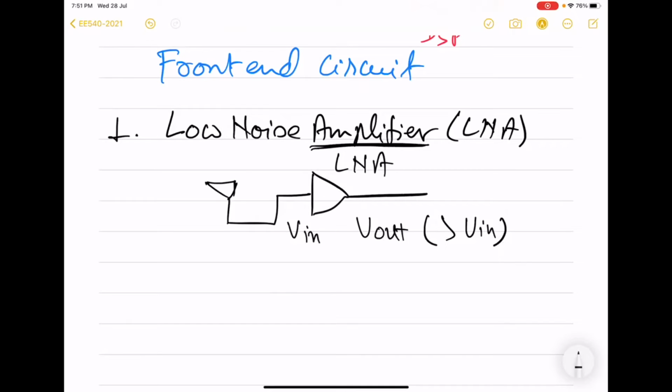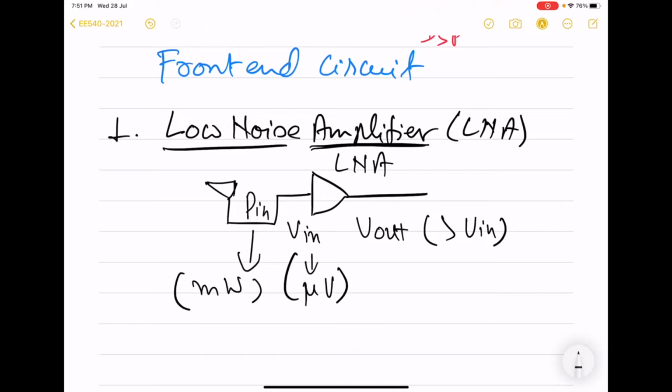So why we have this low noise connected with this amplifier? Because here the received signal or the received power is going to be very small, of milliwatt order or even small. Similarly, received voltage is going to be of microvolt. So this signal is already very low, and if amplifier adds lot of noise, which will inevitably happen, we cannot prevent an amplifier from adding noise to the input signal.